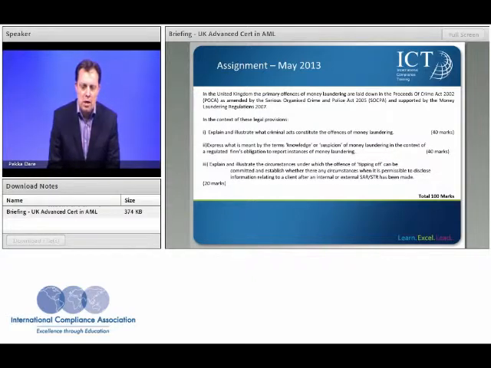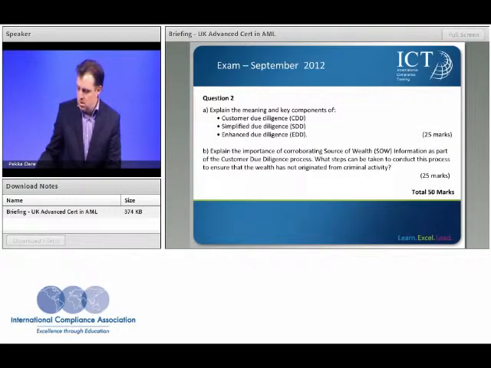And finally, you're asked to explain and illustrate the circumstances in which the offence of tipping off can be committed and establish whether there are any circumstances where it is permissible to disclose information related to a client after a suspicious activity report has been made.